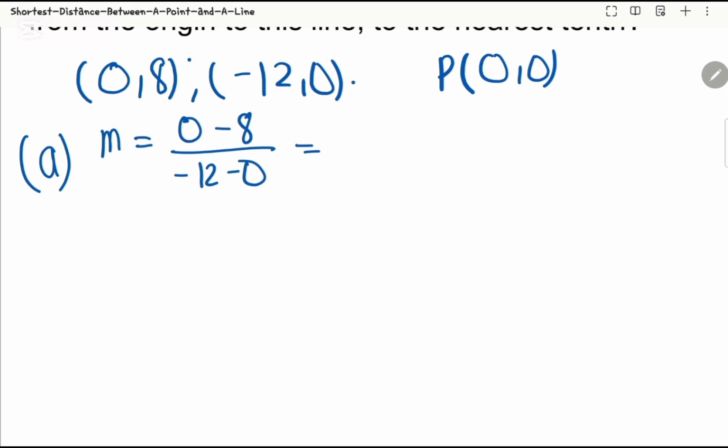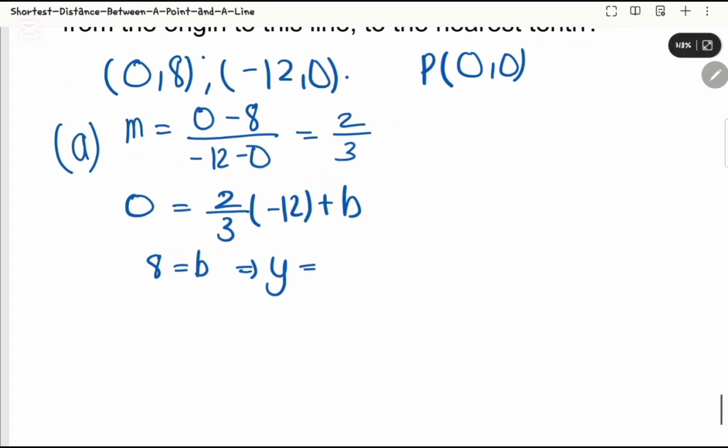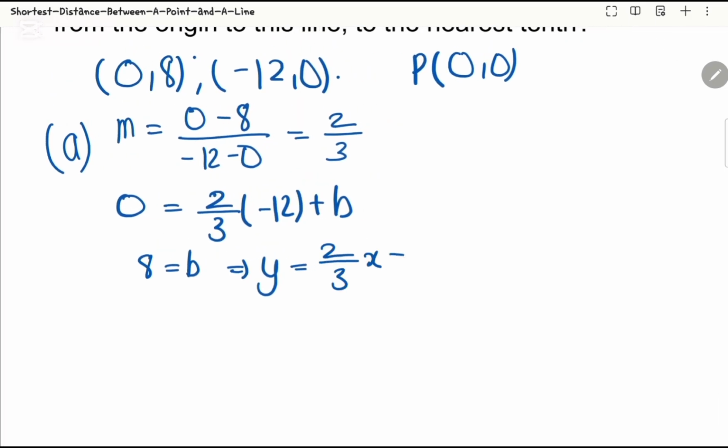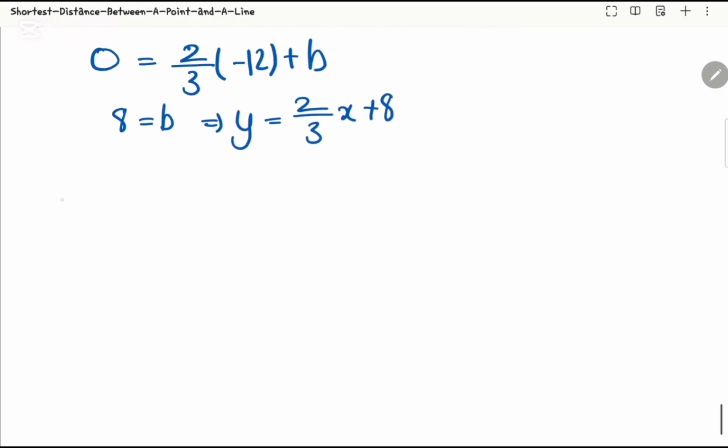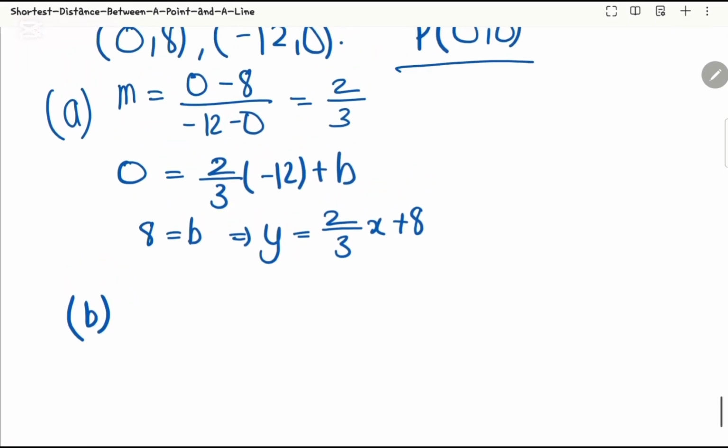Then you plug into y equals mx plus b. So b equals 8, so your equation is going to be that. Just double check if it's correct. Okay. Next, you're just going to find the shortest distance from P to this line.